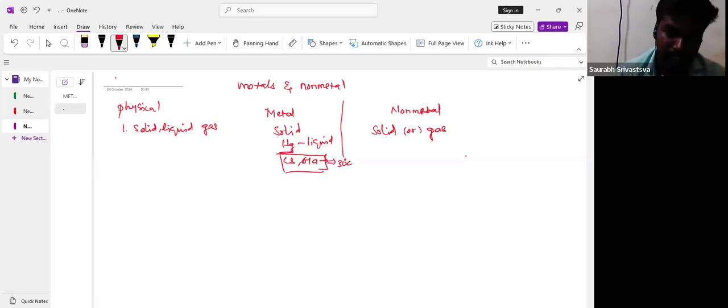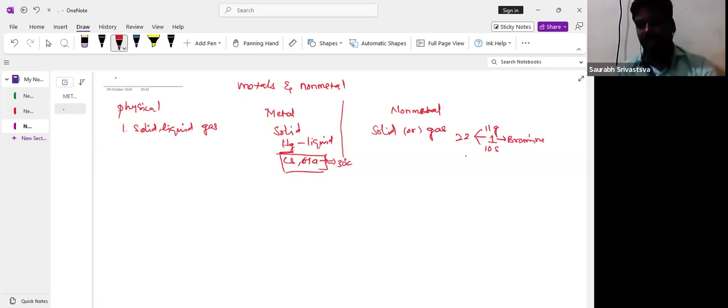Here the different case is the exceptional case. Next, non-metals. Overall 22 non-metals are there, classified into two categories. The first one is 11 non-metals are gaseous in nature, 10 non-metals are solid in nature, and only one non-metal is liquid, which is bromine. The remaining are gases, including noble gas.